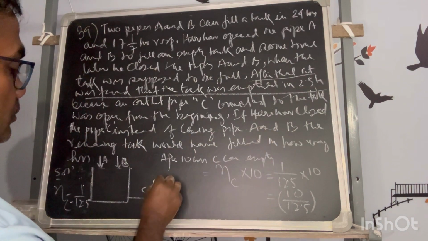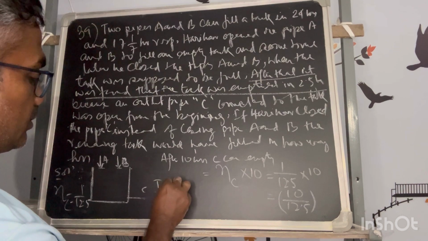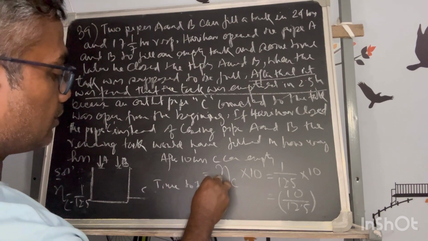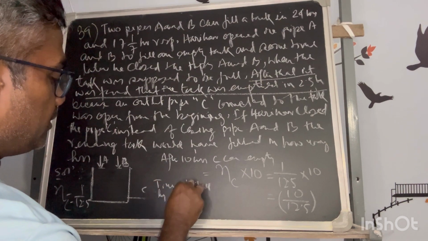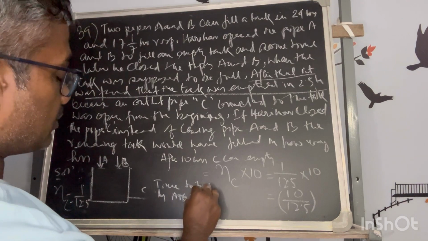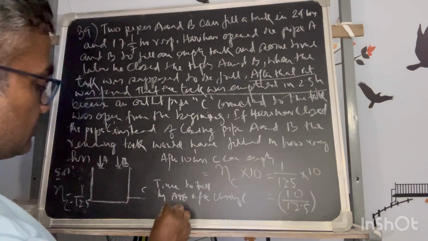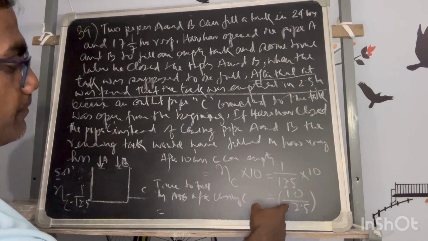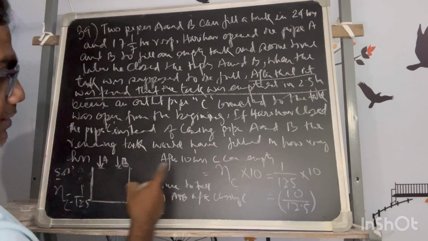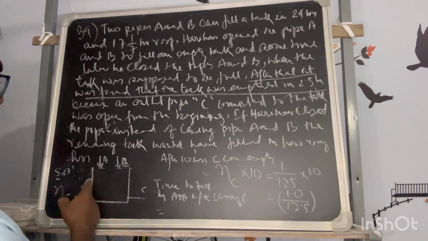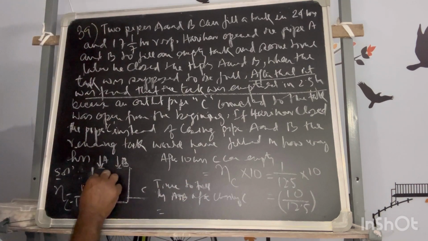What is the time? So the time to fill by A and B after closing C. This is the fraction of tank empty, and the efficiency of A and B together is 1 by 10.